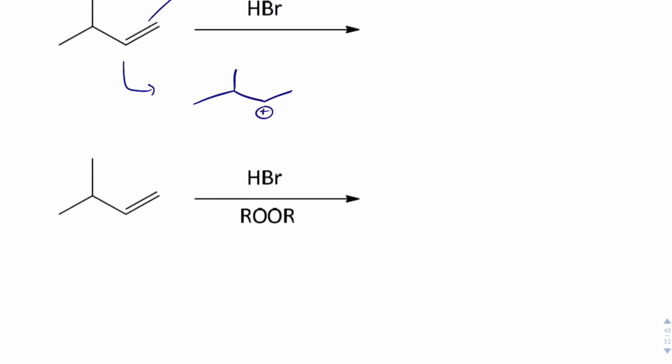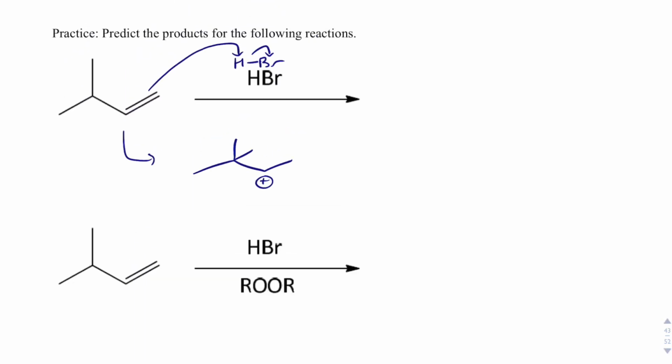And we see one here. This is secondary. If we did a hydride shift, that will make a positive there, with the hydrogen we just shifted, and then negative bromine can come in.